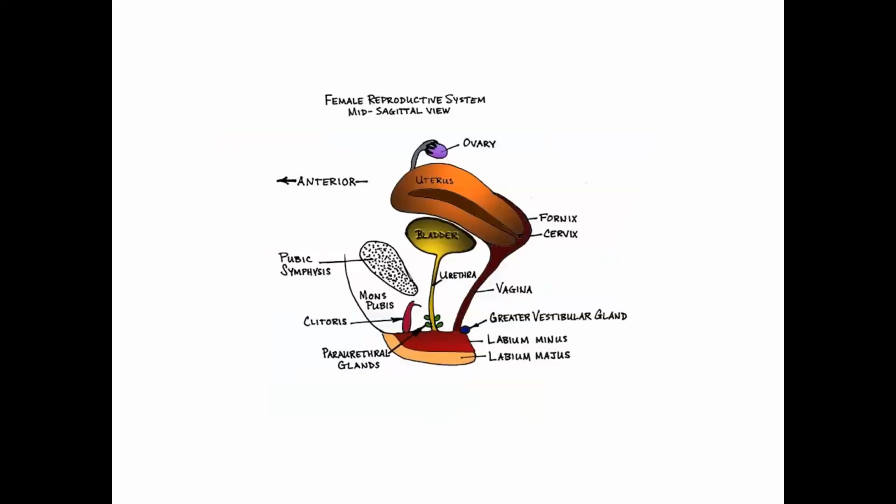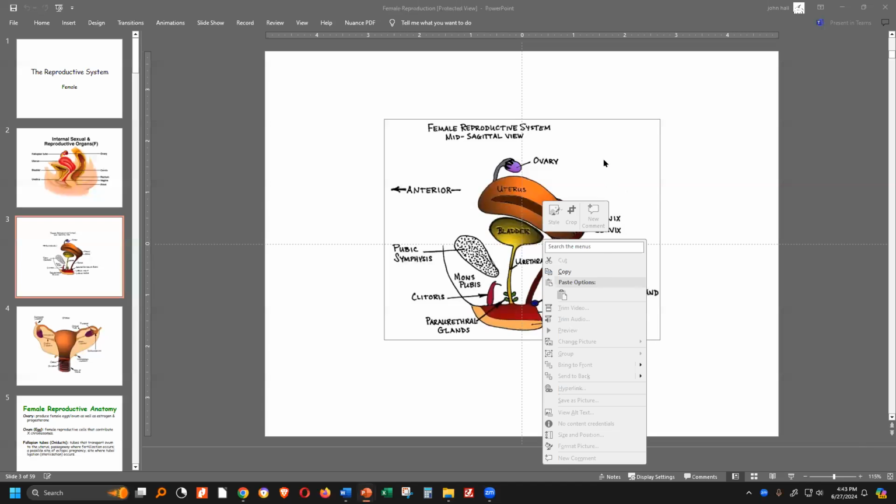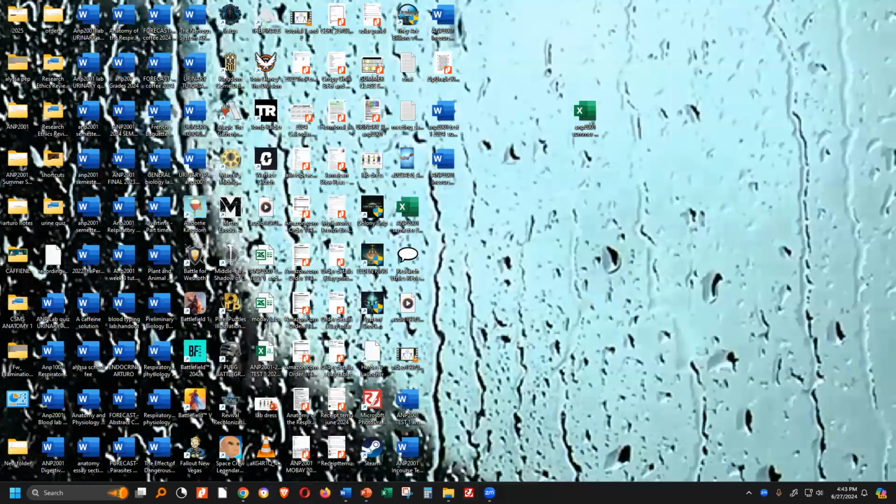All right. Let's just use the diagram as we're running through this. So here we have our ovaries. Remember, one second here. I want this to be bigger. What's going on? One second here, having a little technical difficulty.